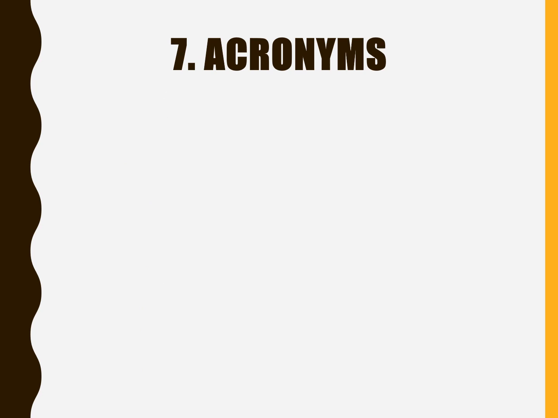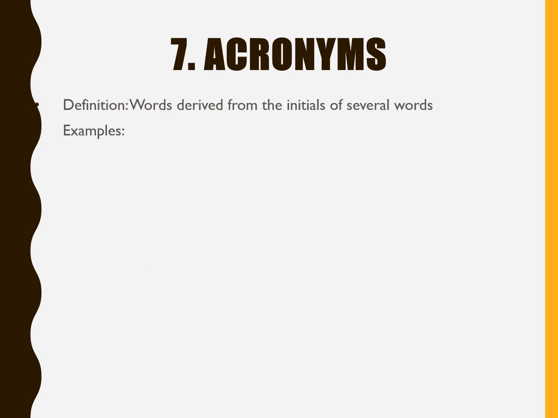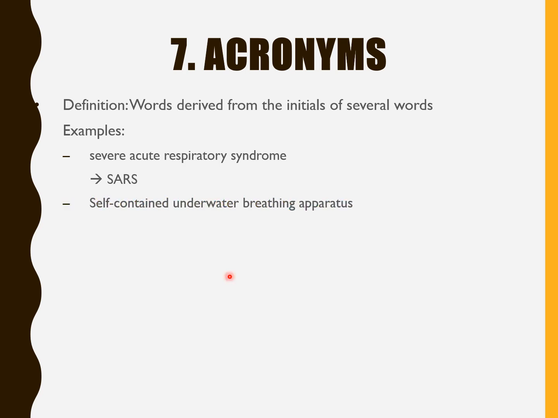Now let's move to the next presentation about acronyms, which are one of the main types of word formation. So, acronymy is a process whereby a new word is formed from the initial letters of the constituent words of a phrase or sentence.